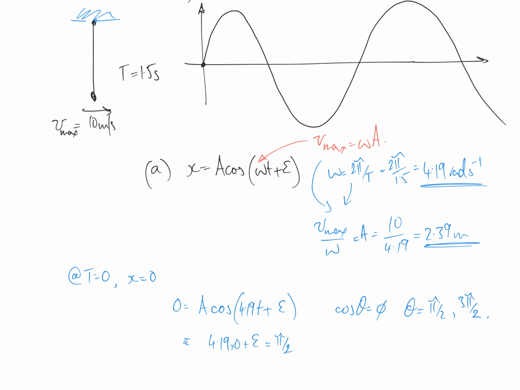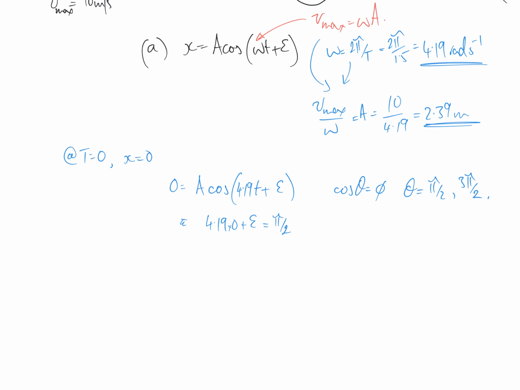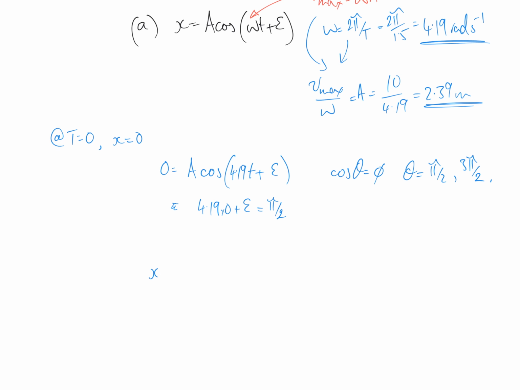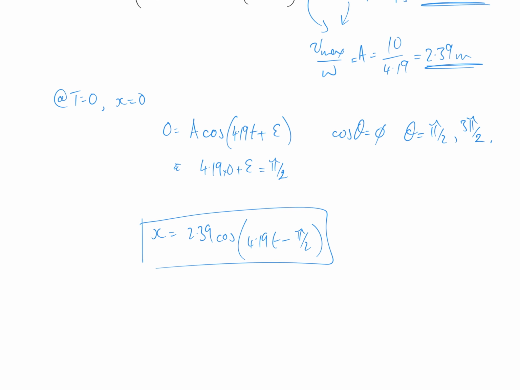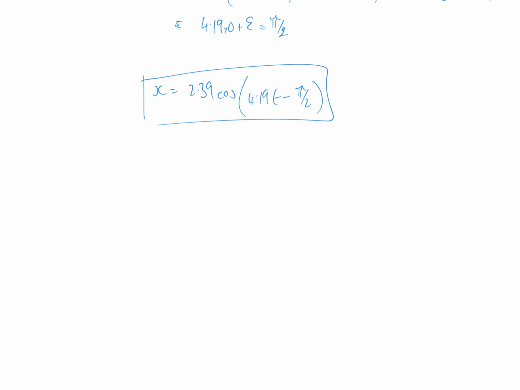Straightforward, and I was overcomplicating that again. So our equation is x equals 2.39 cos(4.19 t minus pi over 2). Okay, now we have the expression.